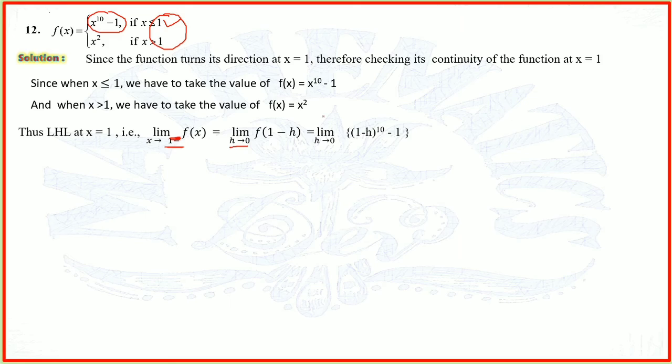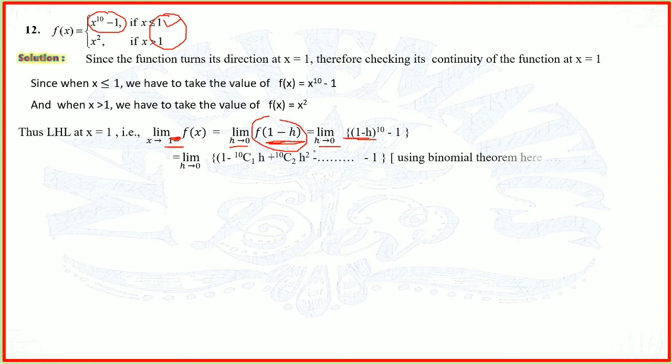So this 1 minus h will be the replacement of variable x. So limit h tends to 0, and the value of the function at this point is x raised to 10 minus 1, so in place of x we will put 1 minus h. So (1 minus h) raised to 10 minus 1, that was the definition of the function.